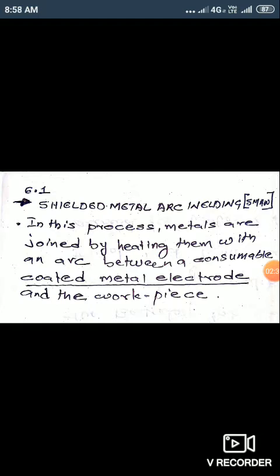It also removes the impurities from the molten metal, and it forms a slag. Slag gets deposited over the weld metal. This slag protects the weld seam from rapid cooling.